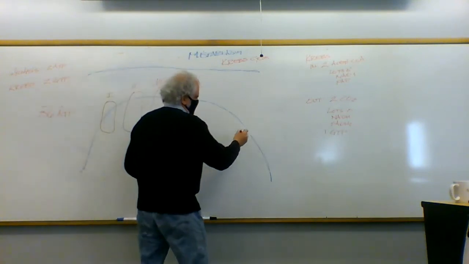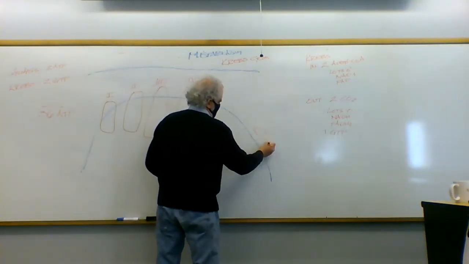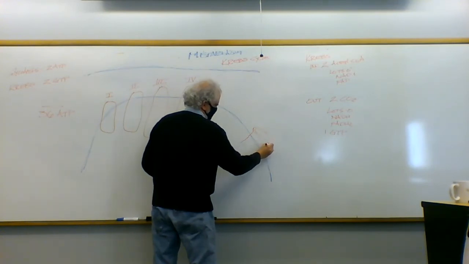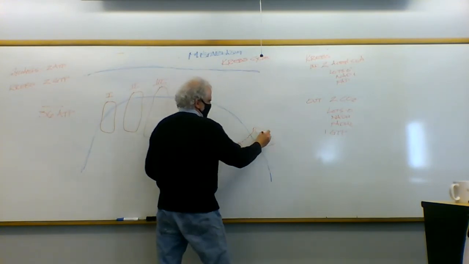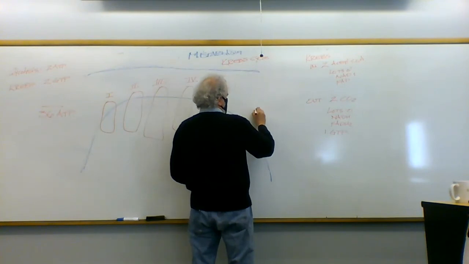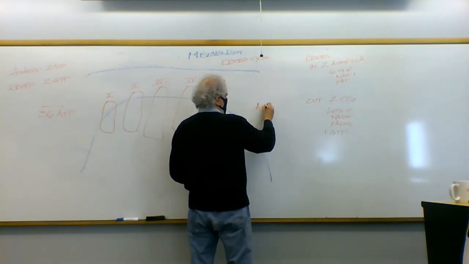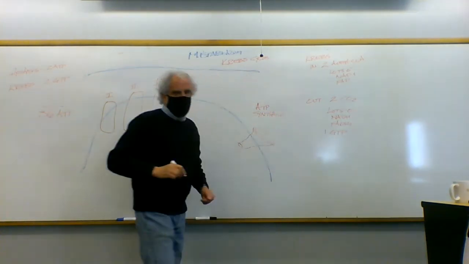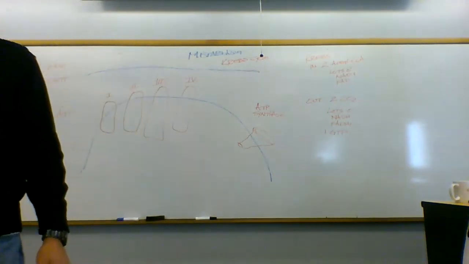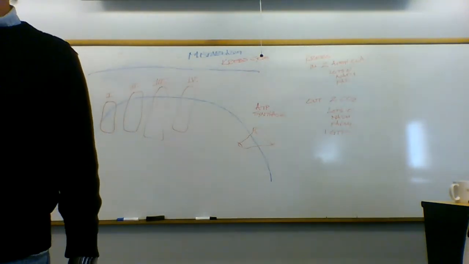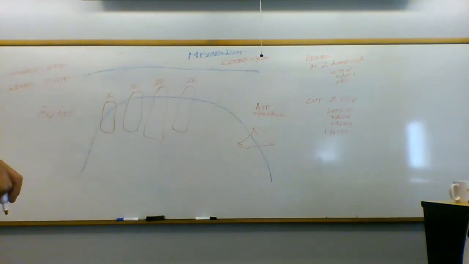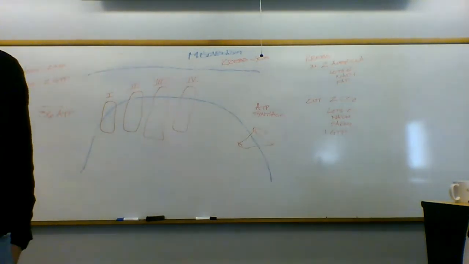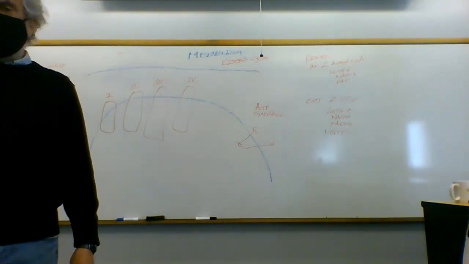Then over here we have something that doesn't look at all like the other guys. It is what the book would call ATP synthase. Yeah, and I wrote it up, but I refuse to call it that. It is the ADP rephosphorylator. It's also known in the biz as, yes, complex 5. If you want to memorize your complex names, go ahead, but we don't need to.